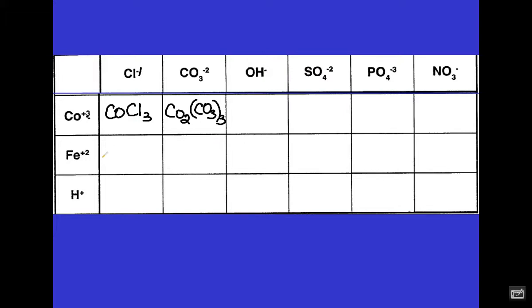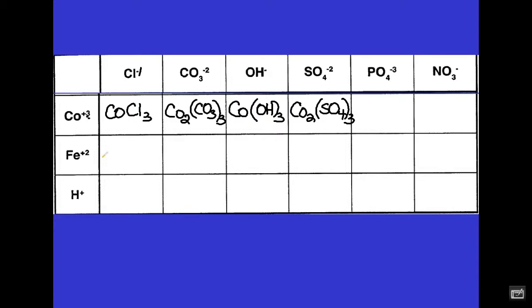Okay. So I'm going to crisscross. I need 1 cobalt and I need 3 hydroxides. Coming over to the SO4, I need 2 cobalts and 3 of my SO4s.